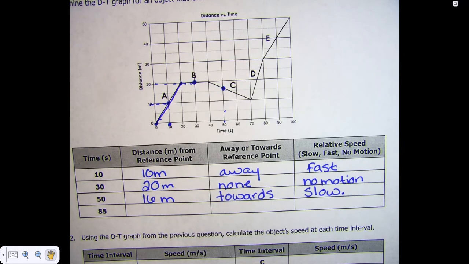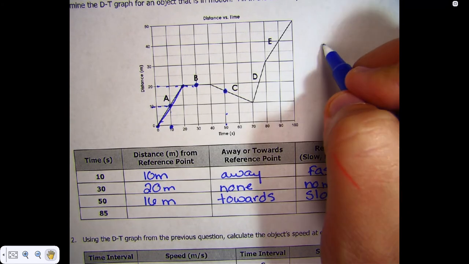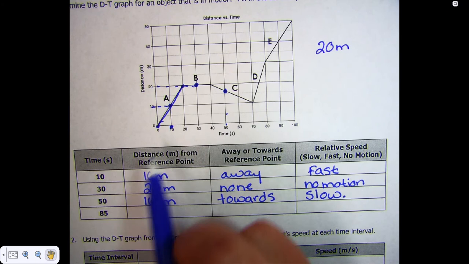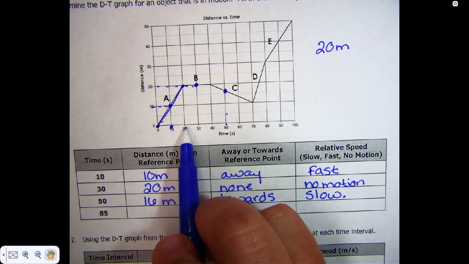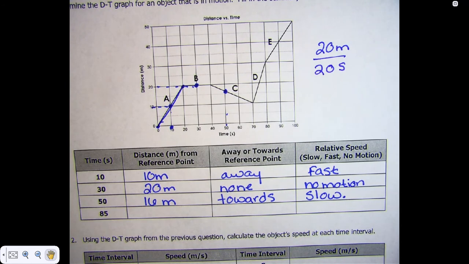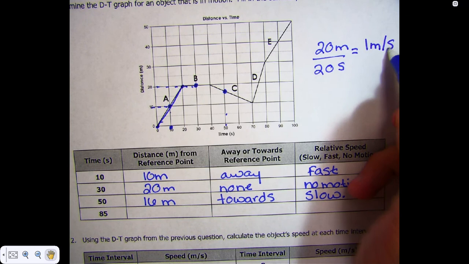To do this, I need to figure out the total distance A traveled and the total time it took. Well, it went from 0 to 20. So I'm going to write my work over here, which is 20 meters. How long did it take it to go that far? Well, 0 to 20 seconds is 20 seconds. Do the math, and you get 1 meter per second.